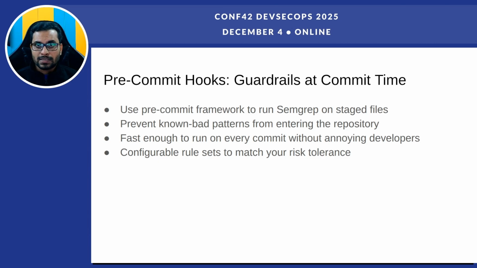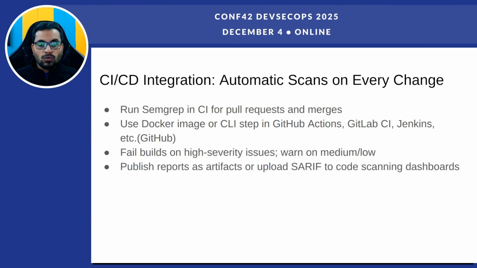That makes it easy to integrate into your pre-commit hooks because only the changes are looked into. And when Semgrep finds something critical, it can block the commit with one or more clear messages, right? And that helps in catching issues before they are committed. Then there is CI/CD integration.